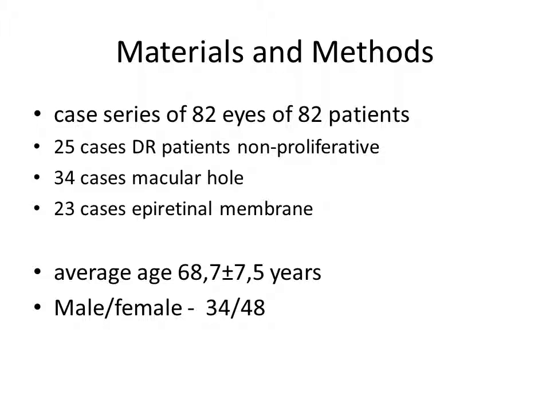So in our current cohort we have 82 eyes of 82 patients, which were indicated for retinal surgery. In 25 cases they were diabetic patients with non-proliferative diabetic retinopathy. 34 were operated because of the presence of a macular hole, and 23 were operated because of epiretinal membrane.